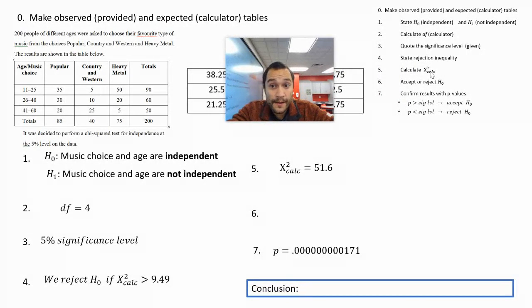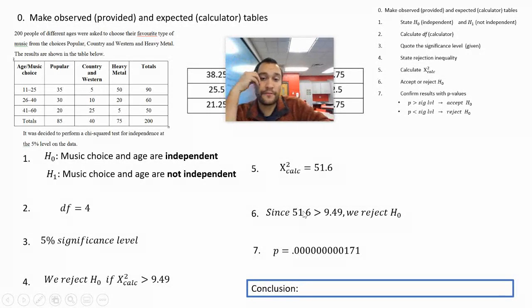Step 5 is done, calculate the chi-squared. We got it. Step 6 is either accept or reject H sub 0. Step 4 says we reject H sub 0 if the chi-square calc is greater than 9.49. Well, guess what? 51.6 is greater than 9.49. So we are going to reject H sub 0.